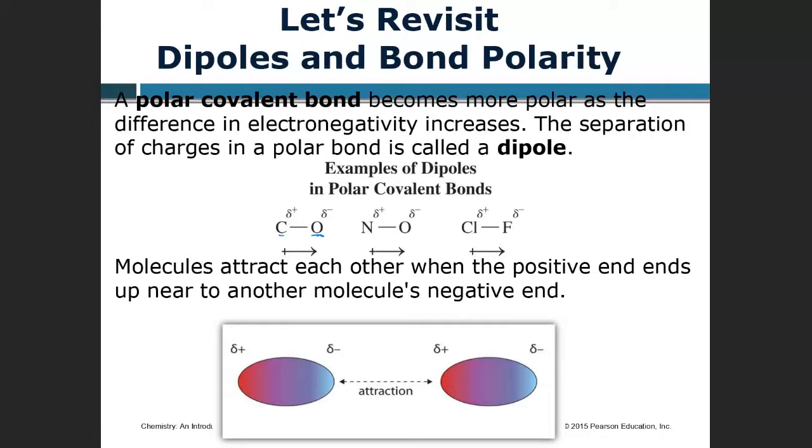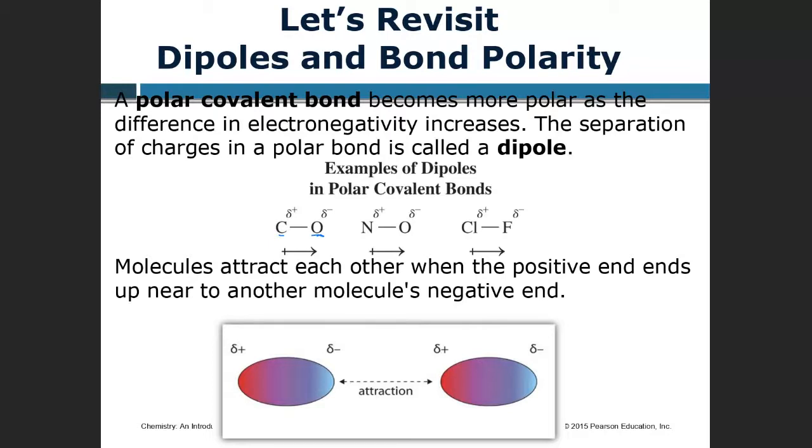So the oxygen will be partial negative and the carbon will be partial positive. And we draw an arrow directed from the positive side to the negative side. And we say that's a dipole.